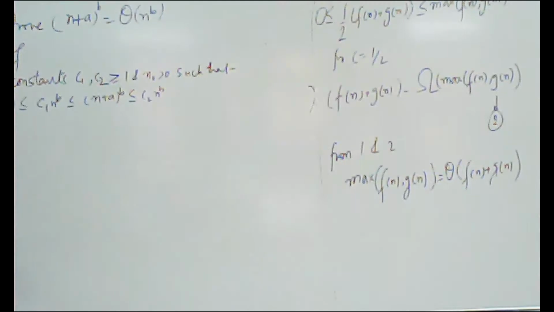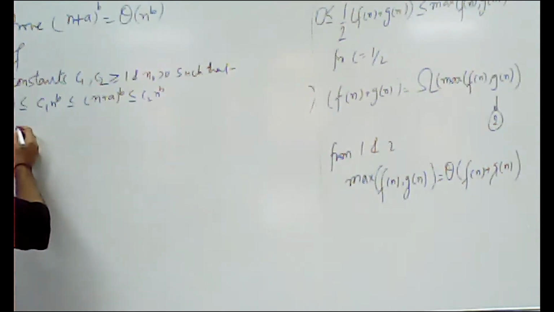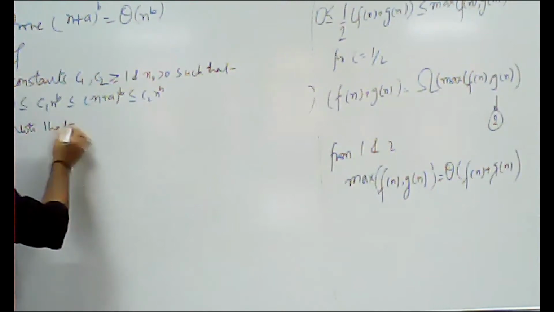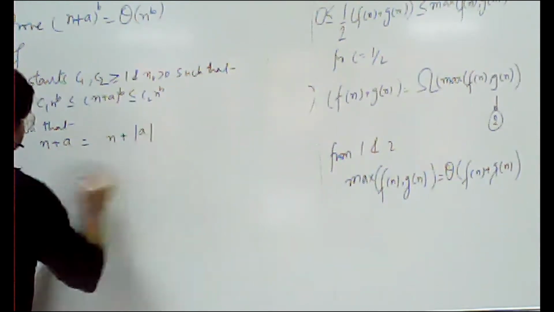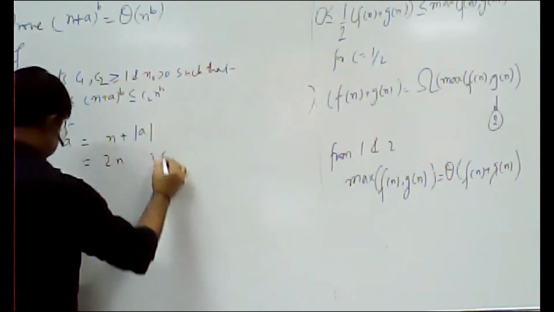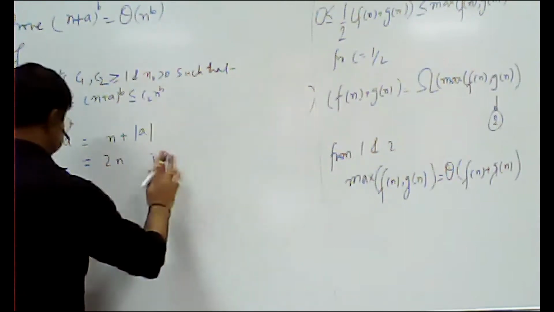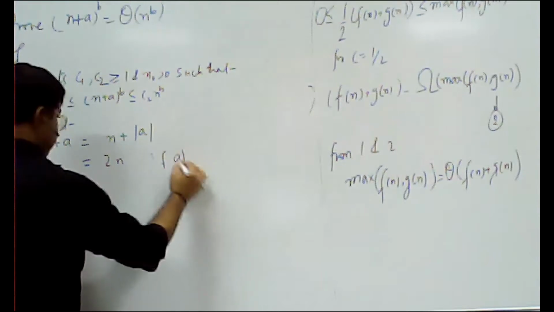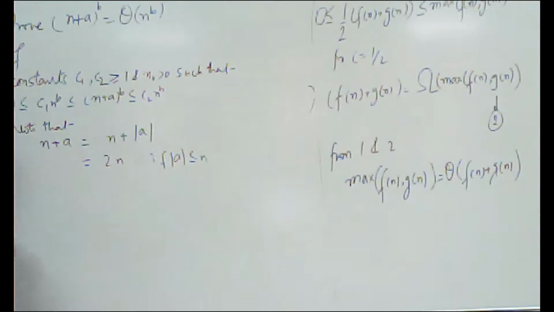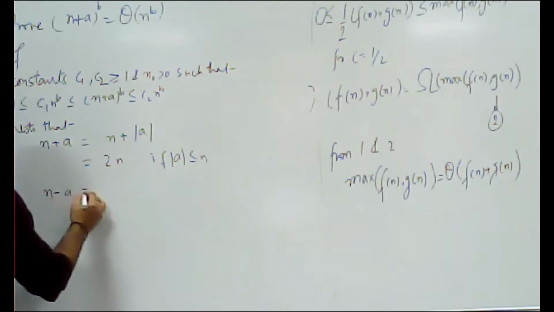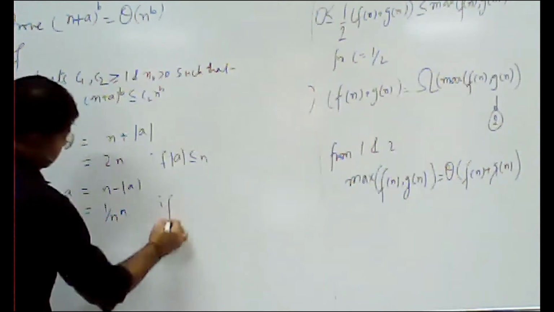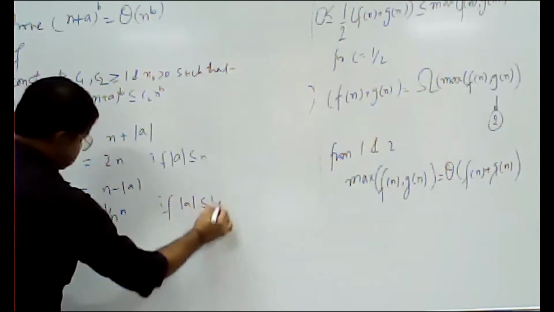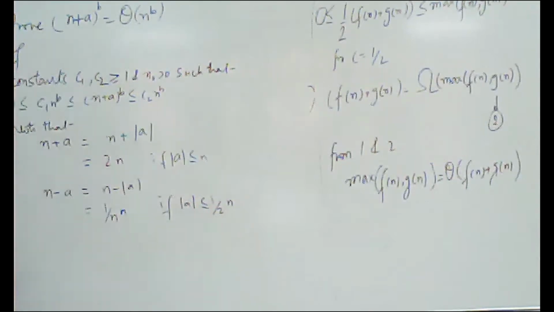So this we have to find. Now, n plus a is less than or equal to n plus absolute value of a, and we can write it as 2n if mod a is less than or equal to n. Similarly, n plus a is greater than or equal to n minus absolute value of a, and we can write it as half n if mod a is less than or equal to half n.